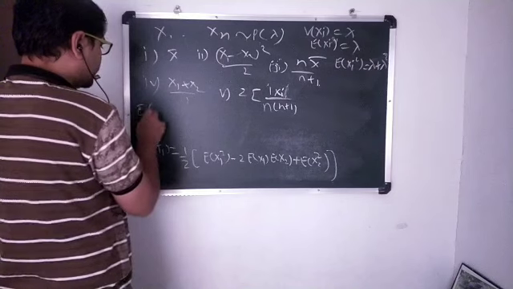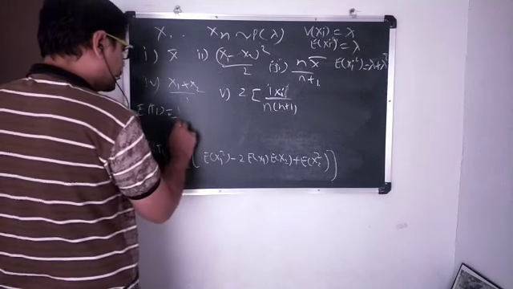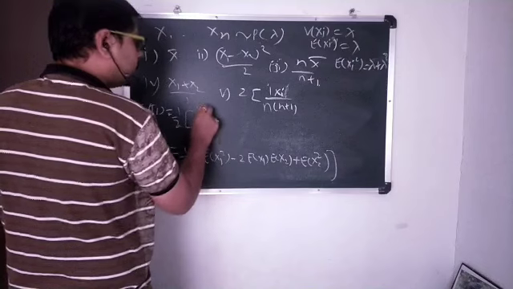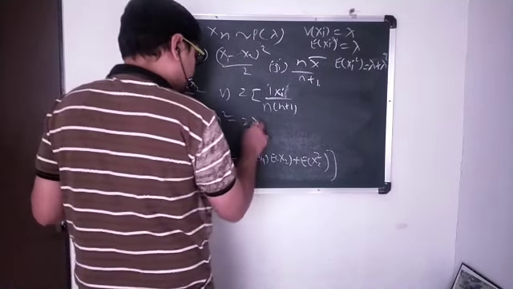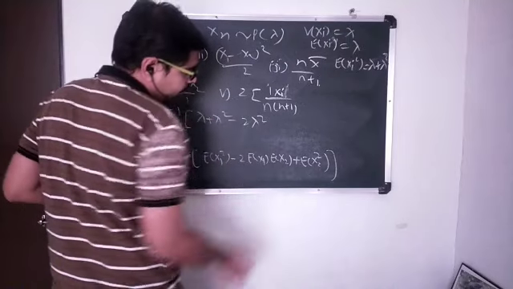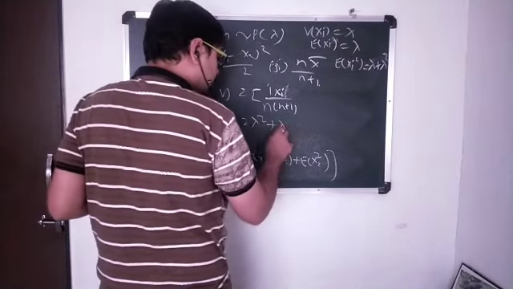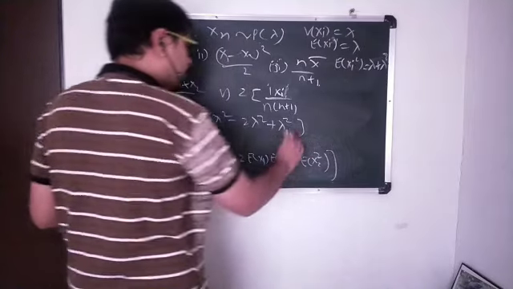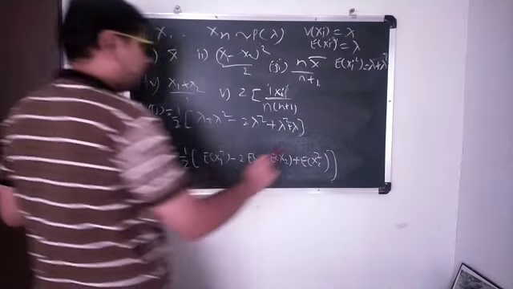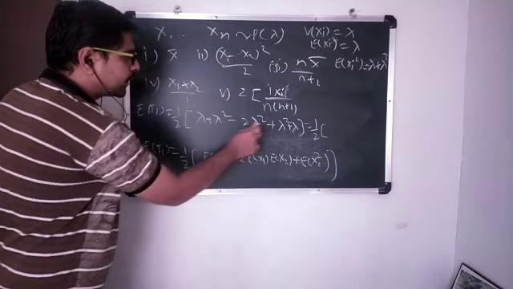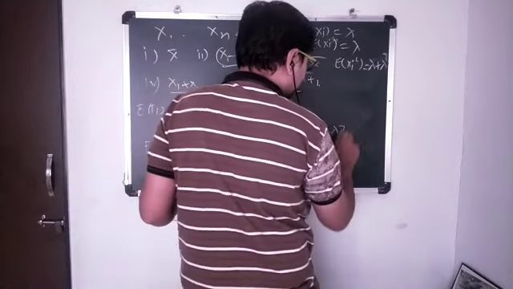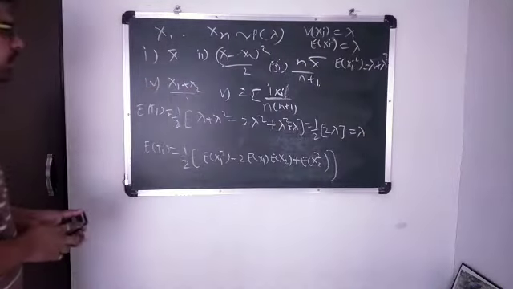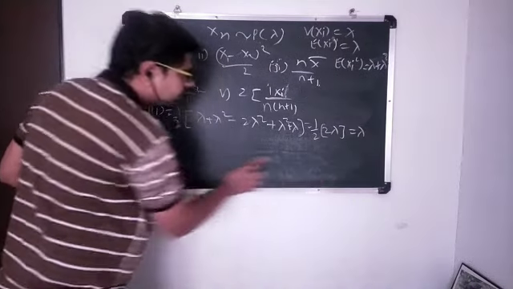The expected value of T1 is 1 by 2 times (lambda plus lambda square minus 2 lambda square plus lambda plus lambda square). The lambda square terms cancel, so it is 1 by 2 times 2 lambda, which is equal to lambda. So T1 is an unbiased estimator of lambda.